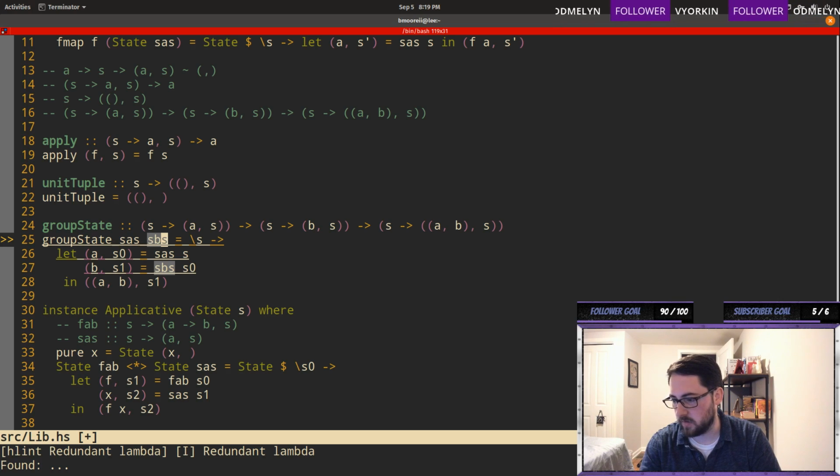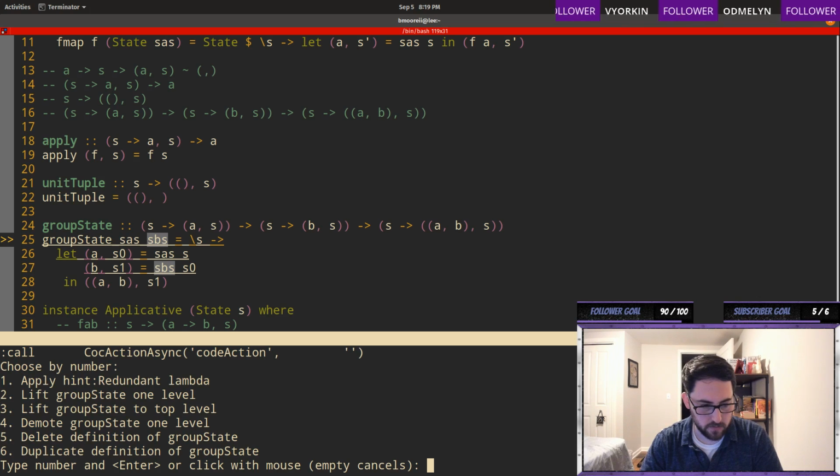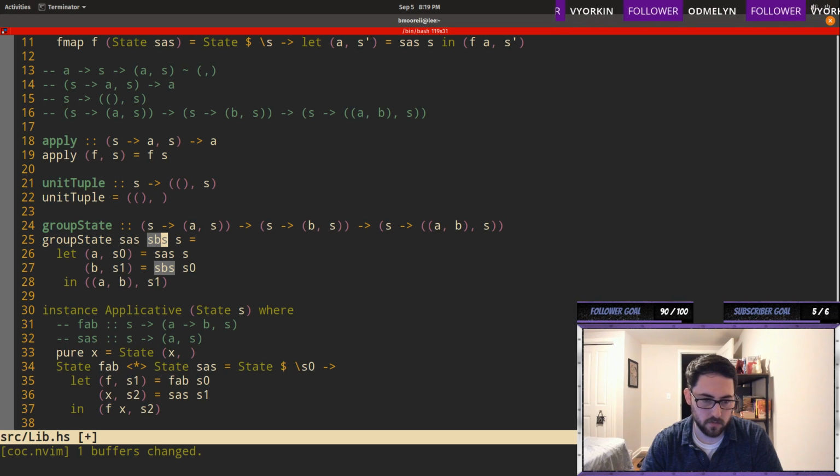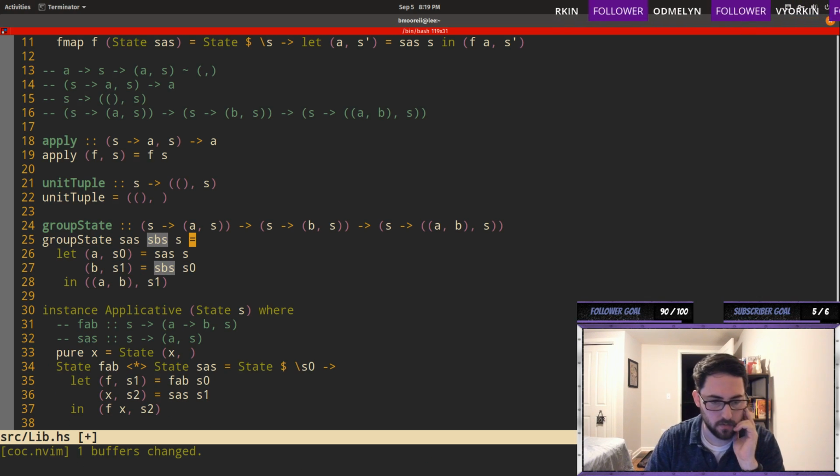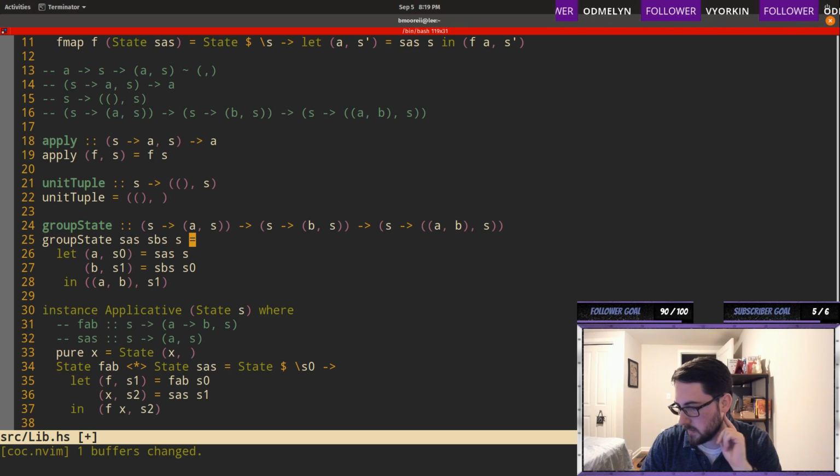I'm mostly just curious. What is this telling me? Oh, sure. Okay, fine. But doesn't that affect the resulting state?